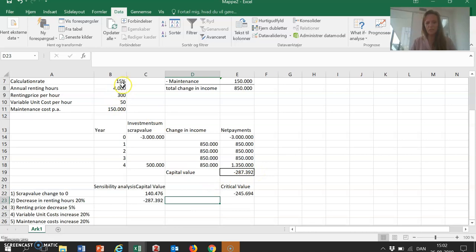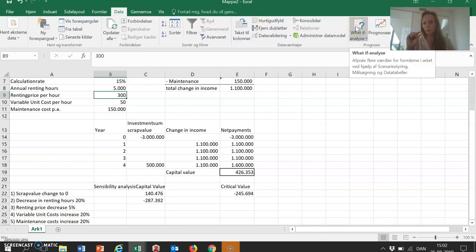But let's take a look at what is the critical point of this. So again, back to the initial, erase the equal sign, erase the multiplication with 0.8. Now what would be the critical point for number of renting hours? How much can we afford it to drop and still have a profitable investment?